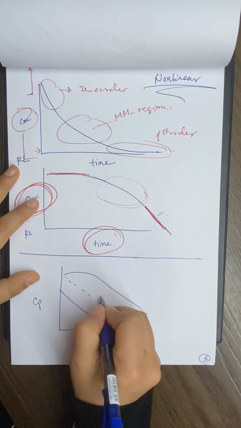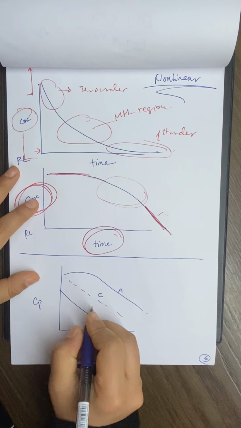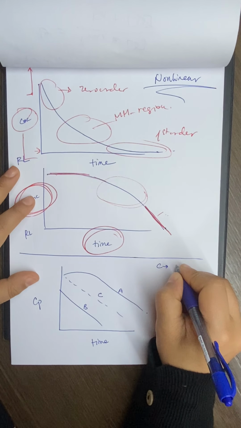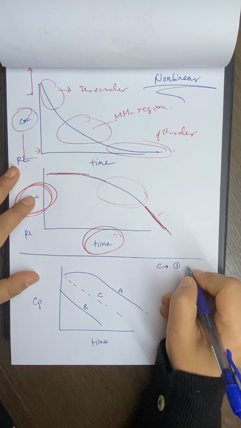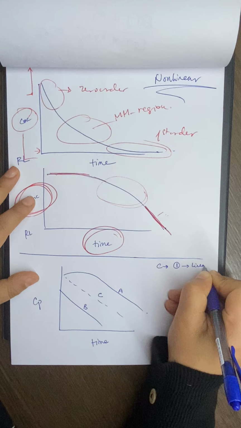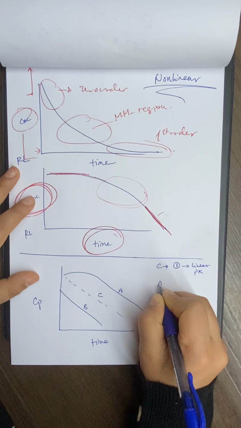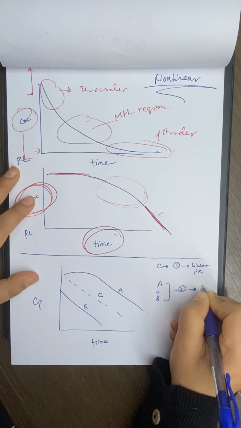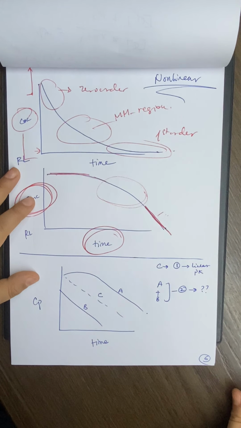This is C, this is A, this is B. If we consider C as a profile of drug number 1, that we know is linear kinetics, and A and B are for drug number 2, that we don't know the details of their kinetics.